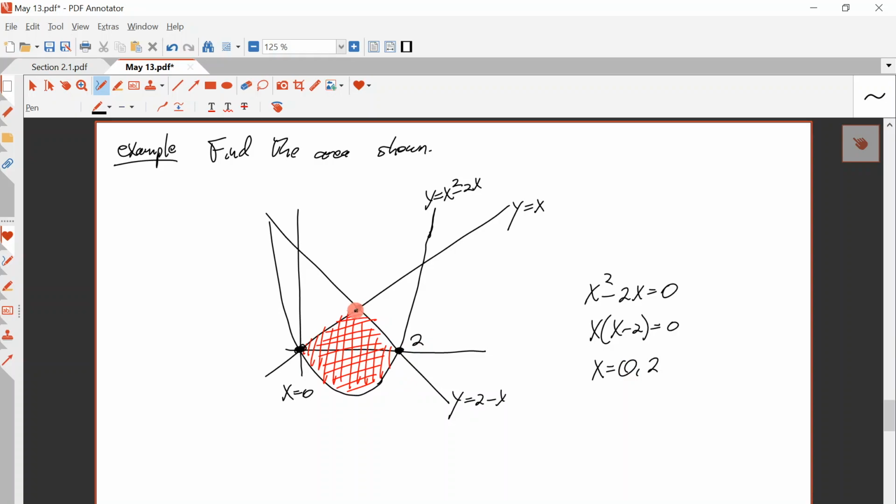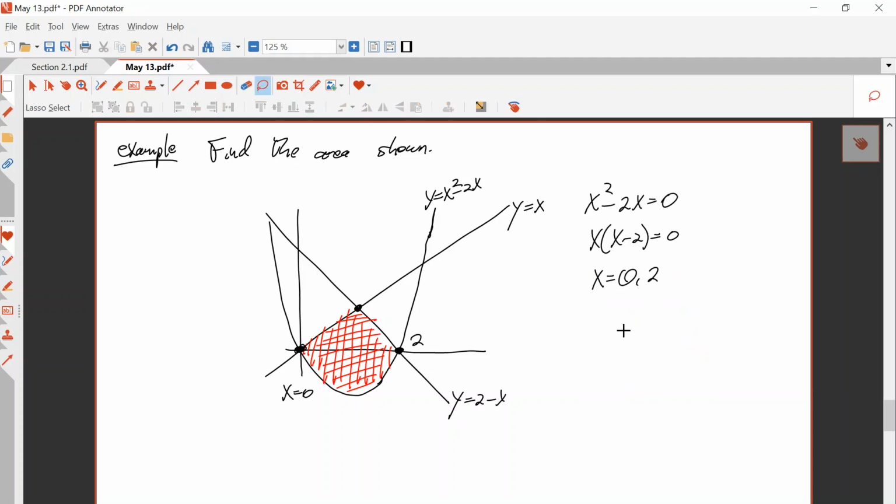But also we need to know what this point is. That point is where the line y equals x meets the line y equals 2 minus x. So x is equal to 2 minus x. That's saying 2x is equal to 2, so x is equal to 1. So this line right here is the line x equals 1.